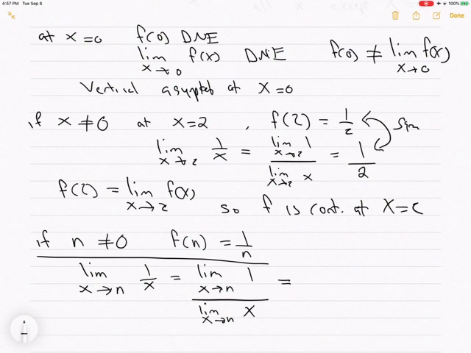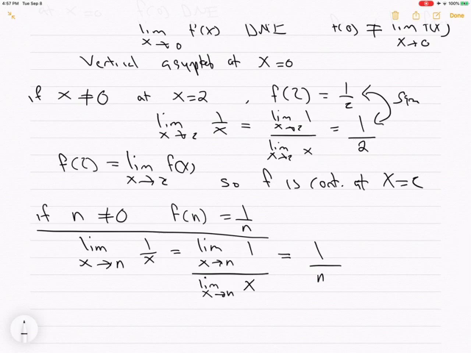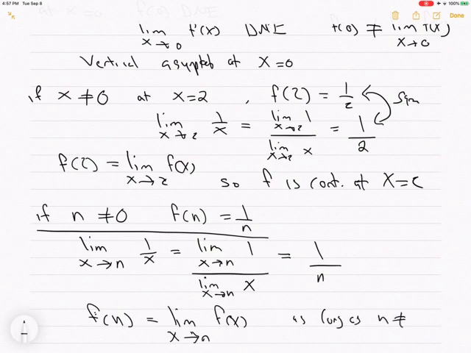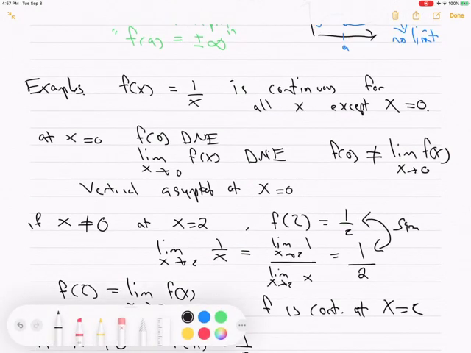And the limit of a constant is just itself, and as x gets closer and closer to n, x is getting closer and closer to n. So again, the limit is the same as evaluating the function at n. So we see that f of n is equal to the limit as x approaches n of f of x, as long as n is not 0.